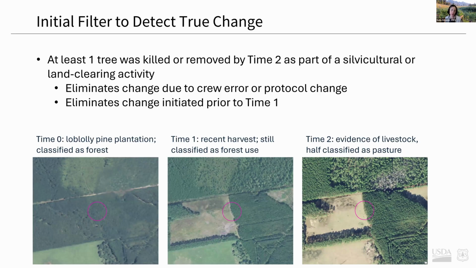This plot was initially part of a pine plantation, so when it was next visited in the year following harvest, it was logical to assume that the area would be replanted and it was still classified as forest. When the plot was next visited, however, there was clear evidence of livestock use, and so half of the plot was then classified as pasture. But in this case, the deforestation event actually occurred prior to time one, so not within the interval that we're using to look at the annual rate of change.